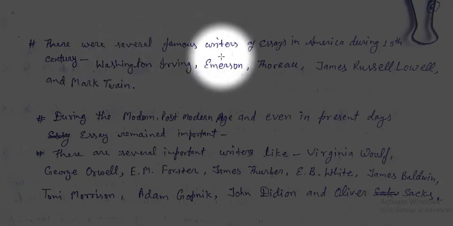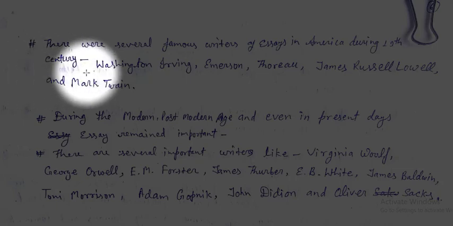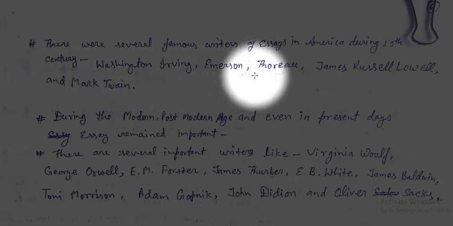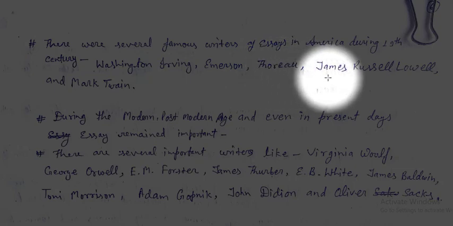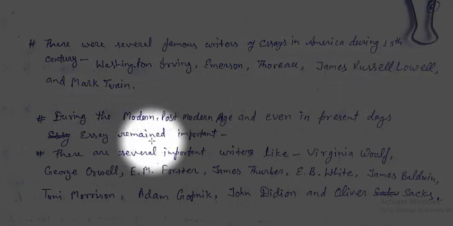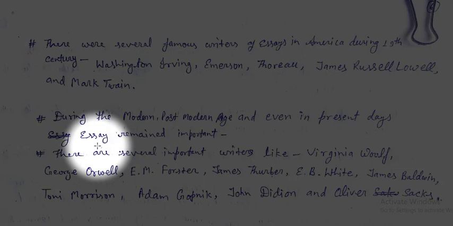There were several famous writers of essays in America during the 19th century, like Washington Irving, Emerson, Thoreau, James Russell Lowell, and Mark Twain. During the modern, postmodern age, and even in present days, the essay remains important.